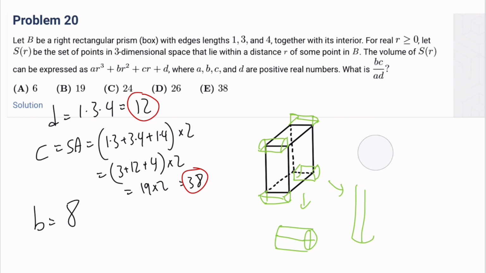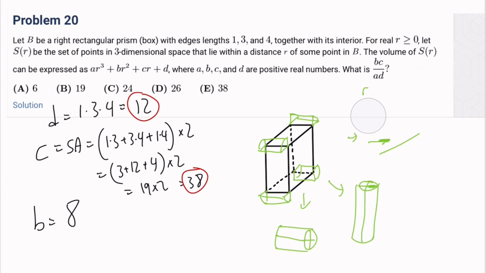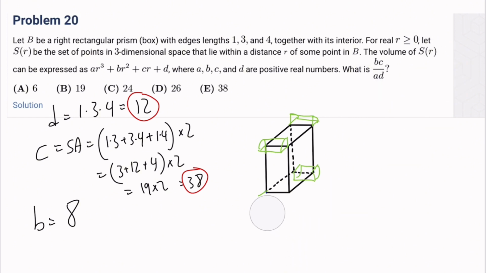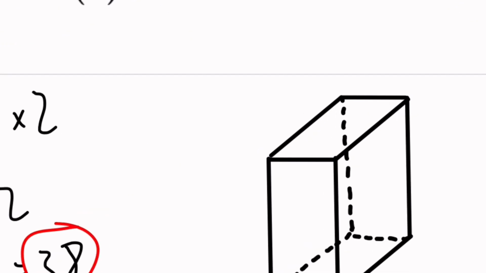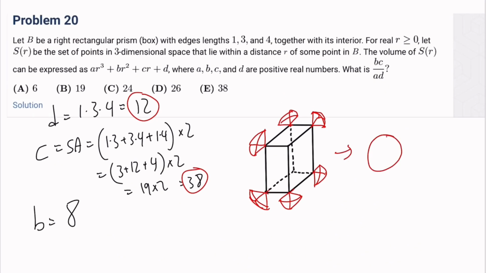And then lastly for A, A is the coefficient of R cubed, and so these will all come together to just make one full sphere.